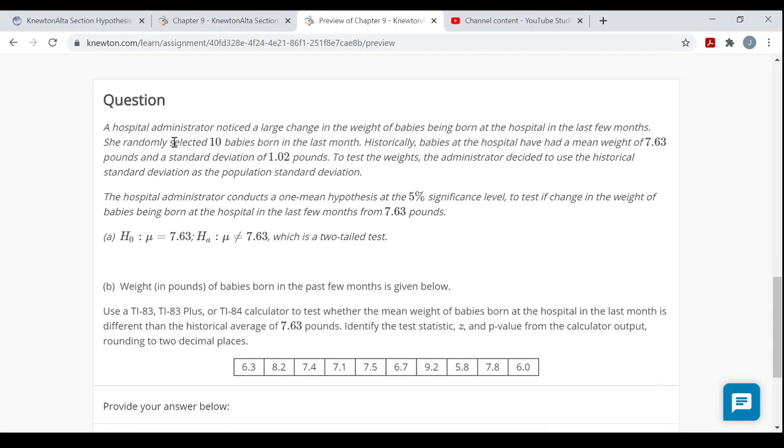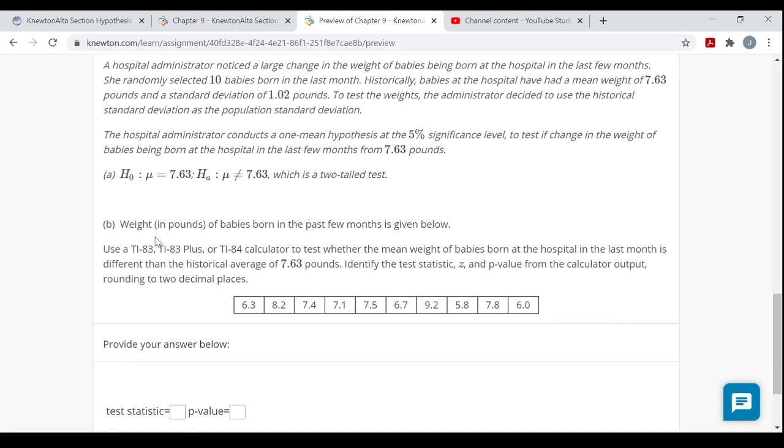Notice here, same question. Now here's the sample she took of 10 babies, the weights in pounds of babies born. The sample of 10 babies she took from the past few months is given below.